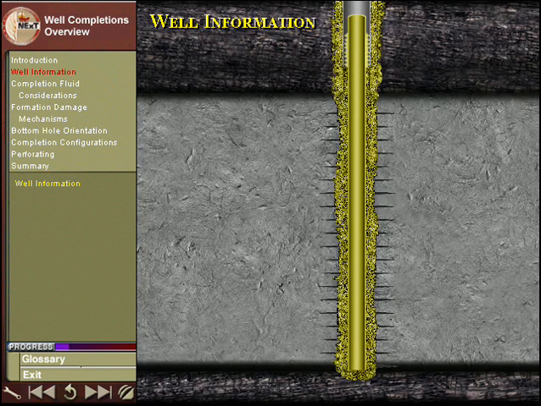To properly prepare a well for completion, specific information about the well must be acquired. By combining the information with the well objectives, you can properly prepare the well for completion with the inflow system.